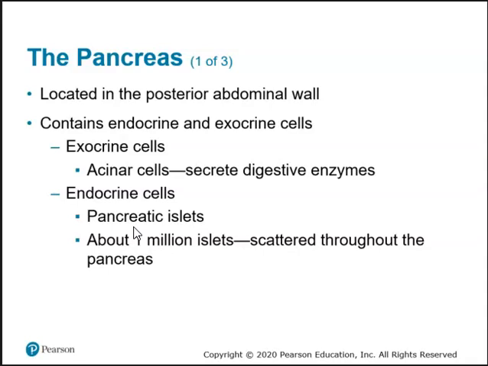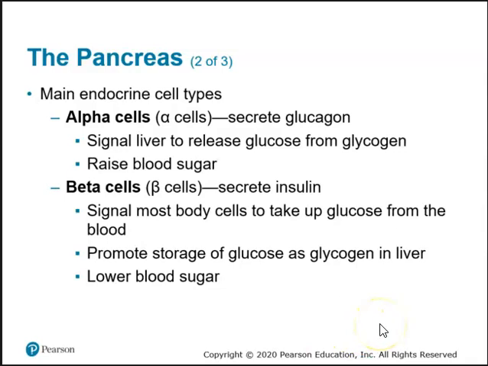We have alpha and beta cells that secrete important hormones for the regulation of metabolism in our body. And there's about 1 million islets that are scattered throughout the pancreas. So the main endocrine cell types, we have our alpha and beta cells. Alpha cells secrete glucagon. Notice there's an A in glucagon. This will help you remember that alpha cells do secrete glucagon.